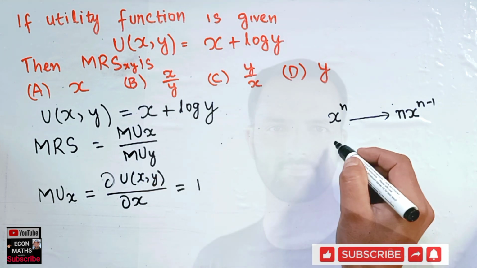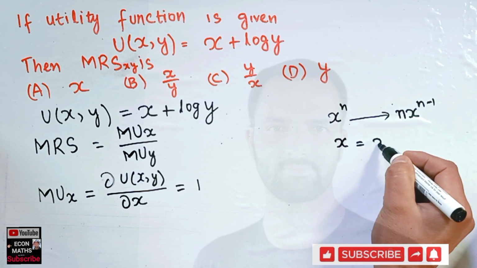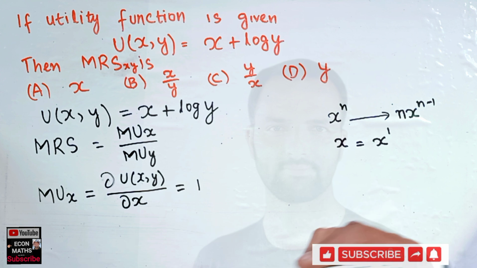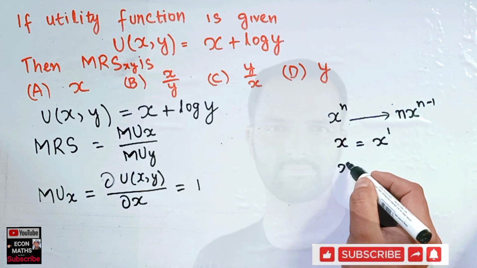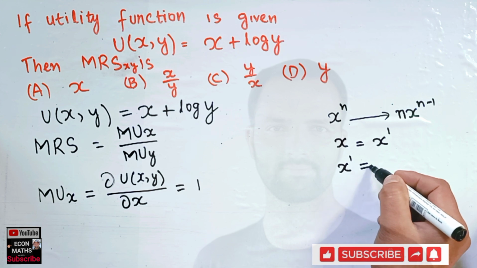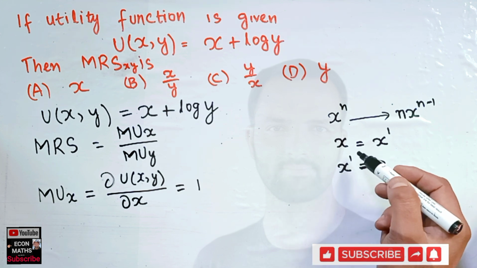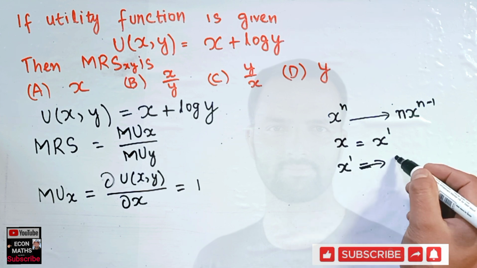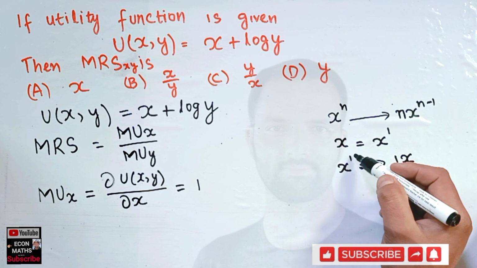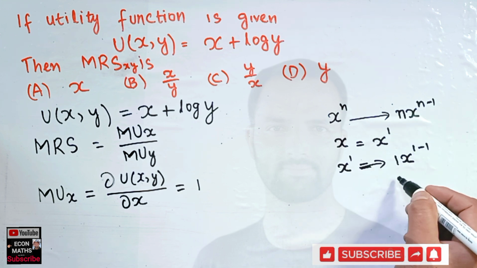What is being given here? We have x, and x can be written as x to the power 1. When there is no exponent, we assume the exponent is 1. To use the power function rule, in place of n we have 1. So the exponent becomes the coefficient, so we have 1 as coefficient, then x to the power 1 minus 1.